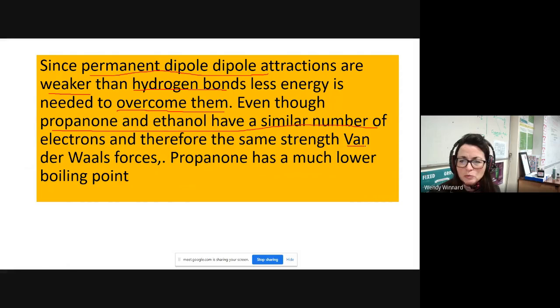We're going to look at these weird van der Waals forces in a bit. So propanone has a much lower boiling point. Again, this topic is quite easy to understand, but it's how you communicate your answer succinctly. I'm going to say again, a picture paints a thousand words.